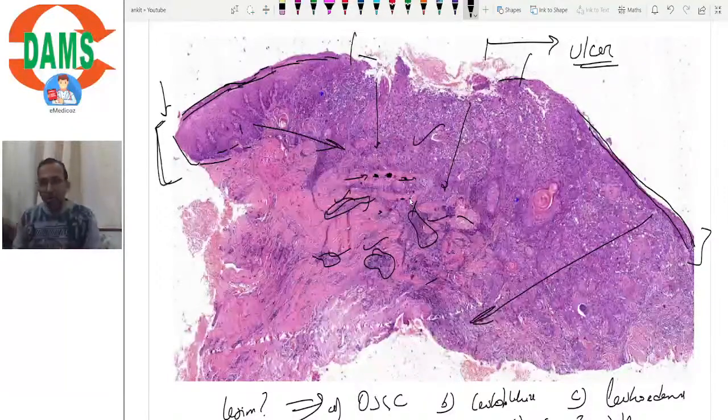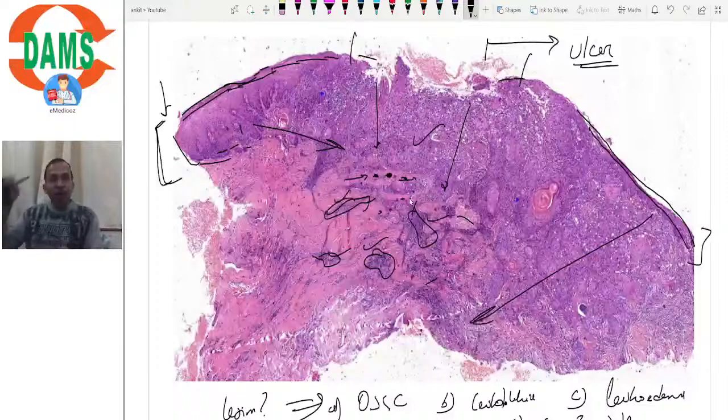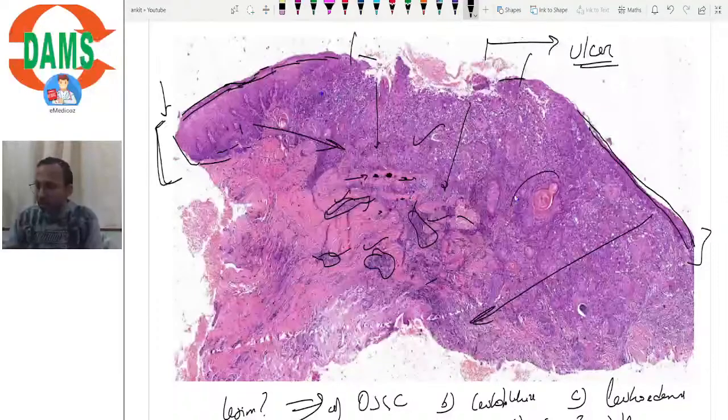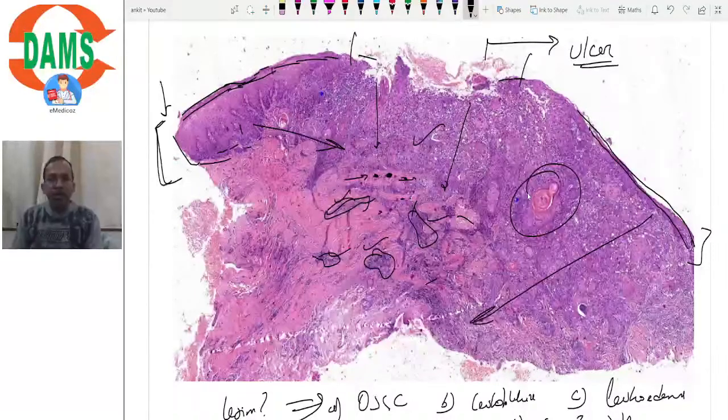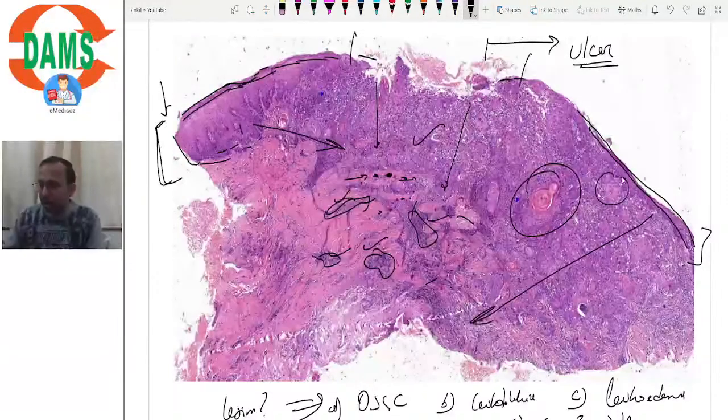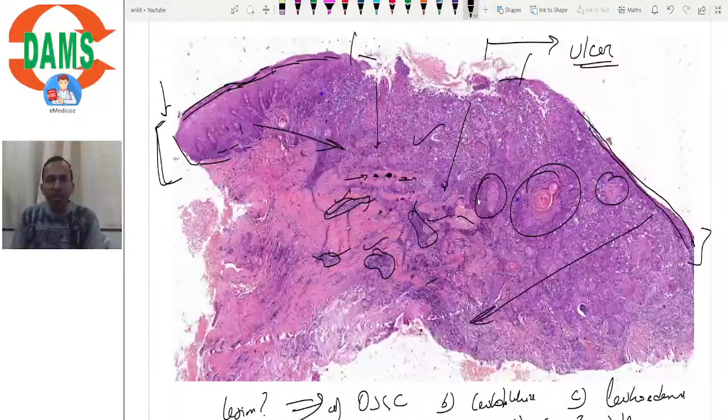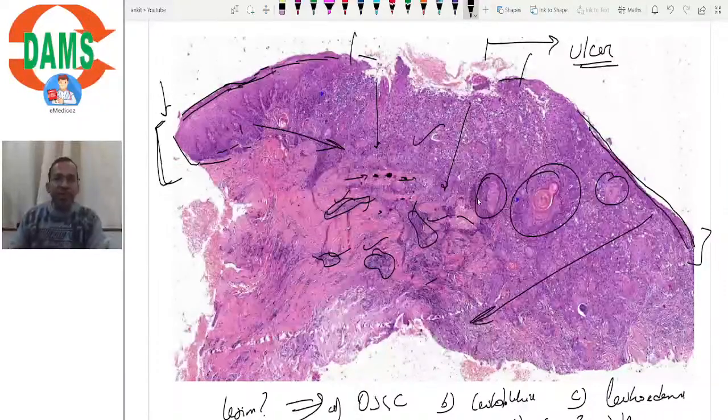What else? Most important thing, and the thing that you should have first looked at, a keratin pearl, isn't it? Can you notice the keratin pearl here? Again, another one can be seen here. So some of the keratin pearls can be seen in this lesion as well. So keratin pearls hai, dysplasia hai, and dysplasia is severe, isn't it?